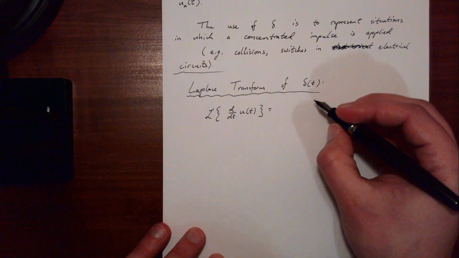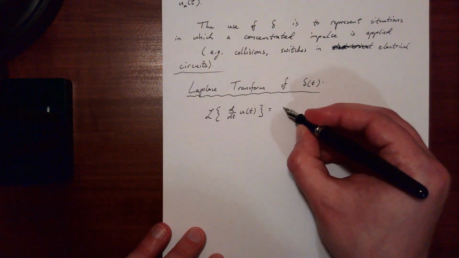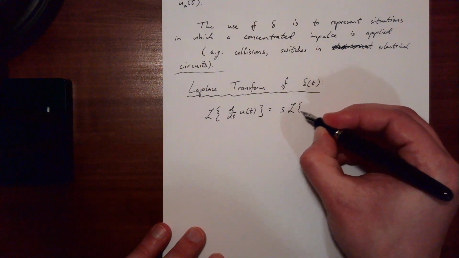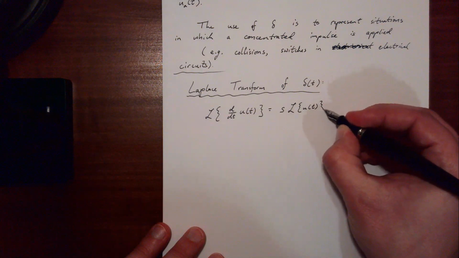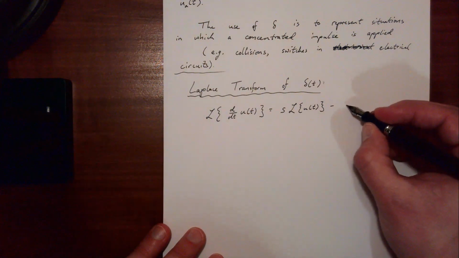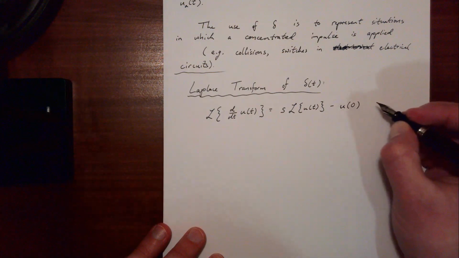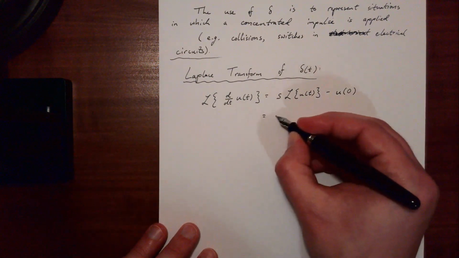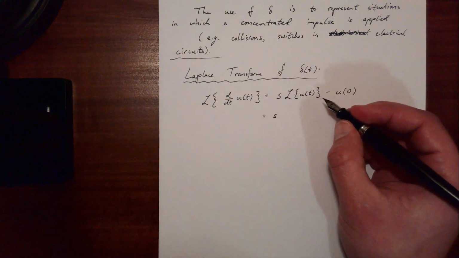Well, we know how to take the Laplace transform of a derivative. That is just equal to s times the Laplace transform of the function minus the initial value of the function. Now here, this equals 0, so this is just going to equal s times the Laplace transform of the unit step function.